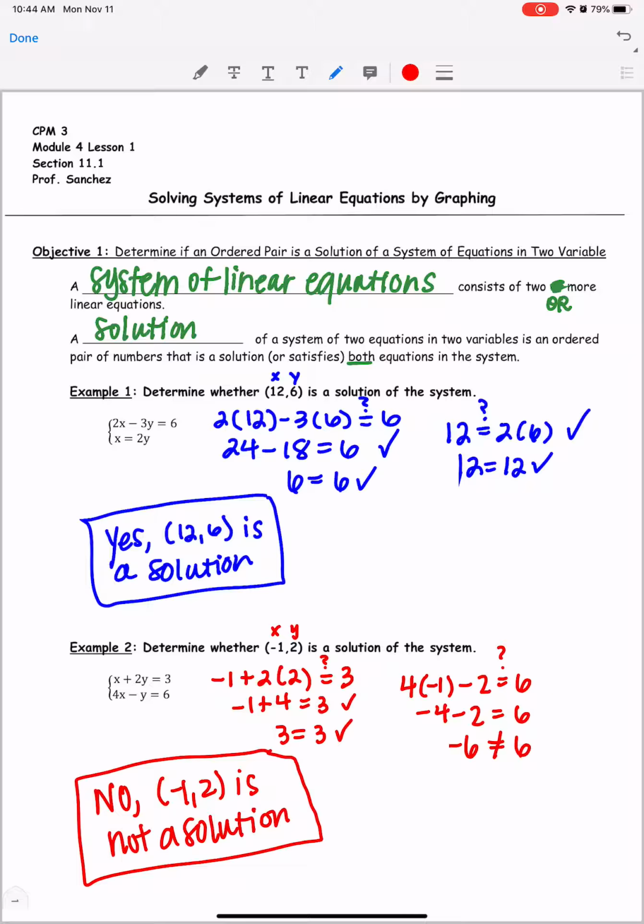Now, if I plugged it into this one first and I got a no from the beginning, I don't need to plug it into the second one. If it doesn't work for one, it doesn't matter if it works for the next one. But when you plug it in and it works for the first one, you have to make sure it works for the second one as well. But once you get a no, you can stop.